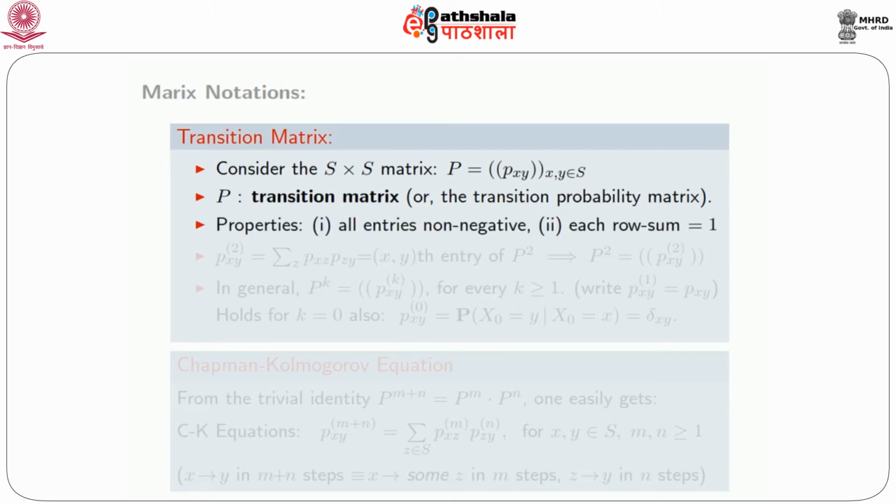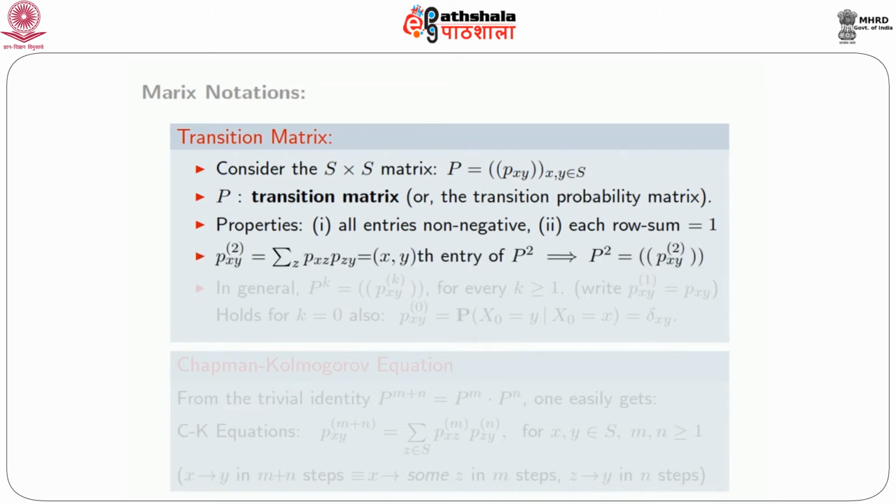Now property 1 of the transition probabilities said that the Pxy's are all non-negative, and in terms of the transition matrix it says that all the entries of the matrix are non-negative. And the second property of the transition probabilities was, for every fixed x, if you sum Pxy over all y in S, the sum is 1. Now in terms of the matrix, it simply says that each row sum equals 1.